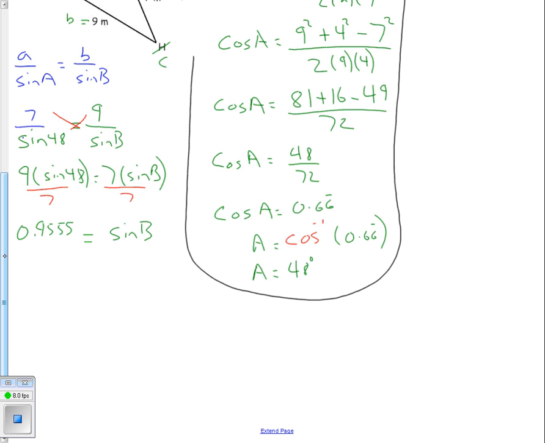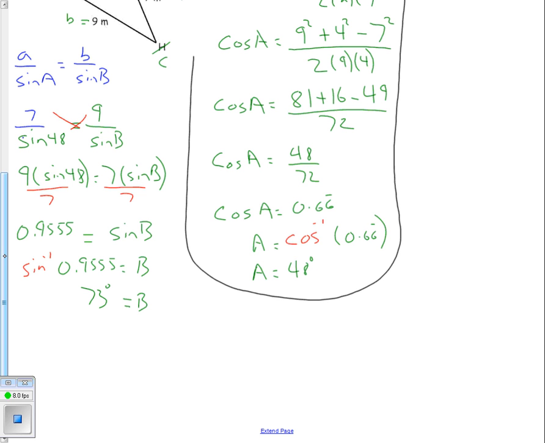If we want to get B all by itself, we need to do sine inverse to both sides. So we'll do sine inverse of 0.9555, and that's going to be equal to angle B. If I figure out what that is, it's going to be approximately 73 degrees.